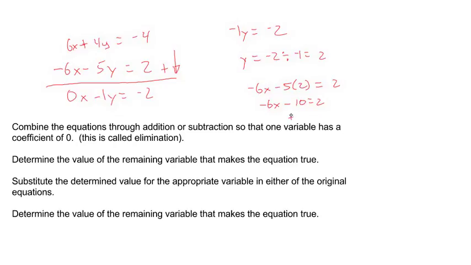I'm going to go ahead and add 10 to both sides of my equation. So I know for sure that -6x is equal to 12. And then if -6 times x is equal to 12, then x must be equal to 12 divided by -6, which gets me a -2. So I believe my solution to this system of equations is -2, 2.